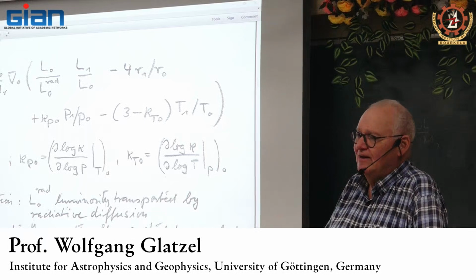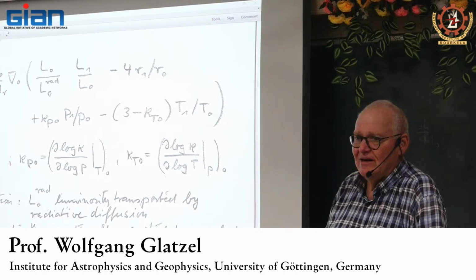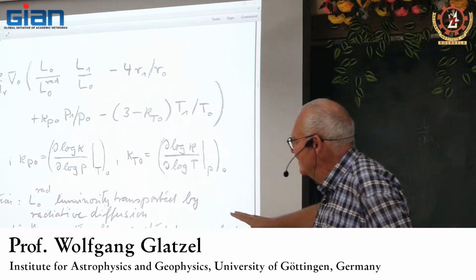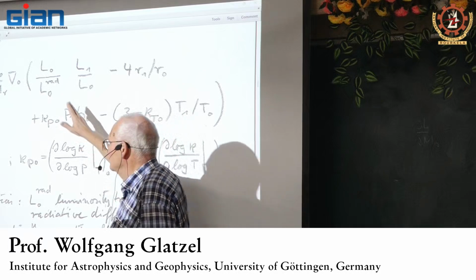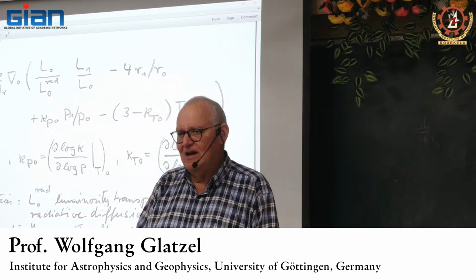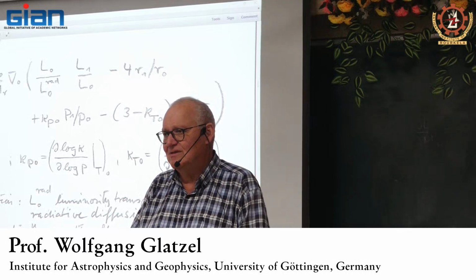I would say even this is already very much. If convection contributes only, say, 10 or 20%, and you take it into account by the frozen-in approximation, you will not make a big error in your computations.